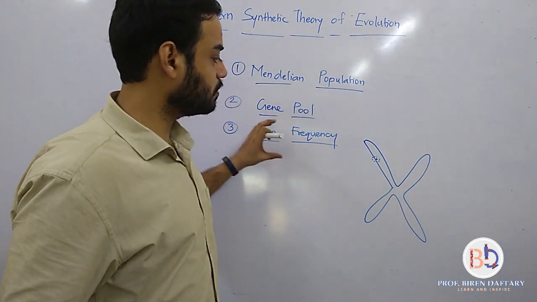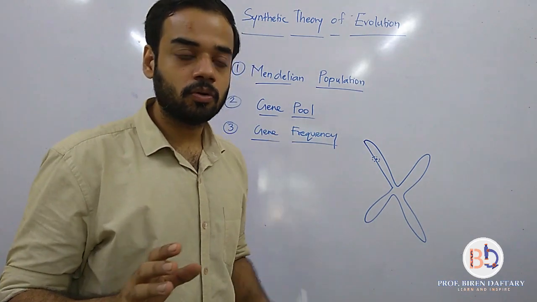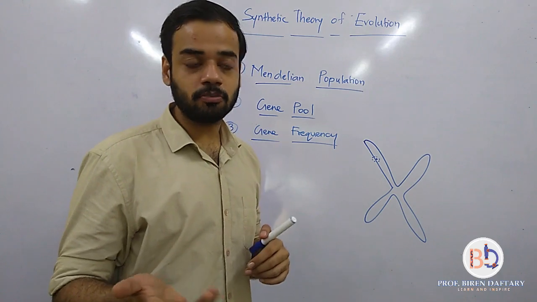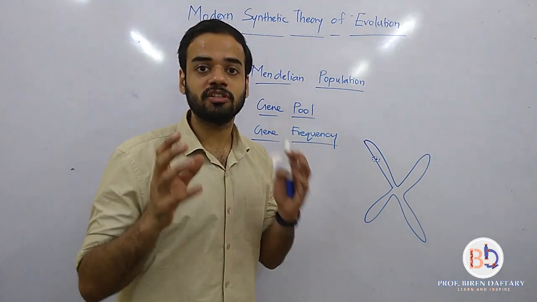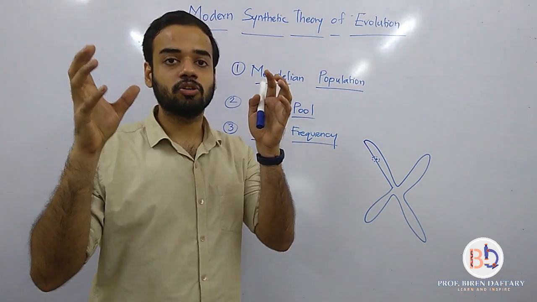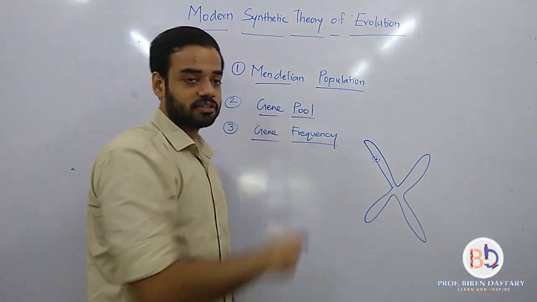Please remember, normally the frequency of the gene remains more or less the same. The gene frequency doesn't change much. Slight fluctuations are possible, but a very large change doesn't take place in a population. What is a population? A population is a group of organisms belonging to the same species. What is a Mendelian population?